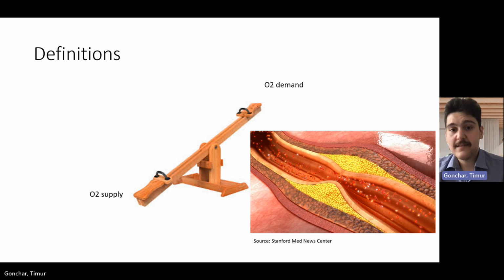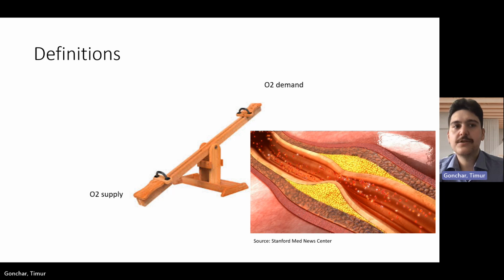Then it will result in smooth muscle proliferation and further inflammatory processes with fibrosis and plaque formation, smooth muscle proliferation and migration, and at the end of the day, that will result in vessel narrowing. So there will be diminished blood supply, but the oxygen demand might remain unchanged.